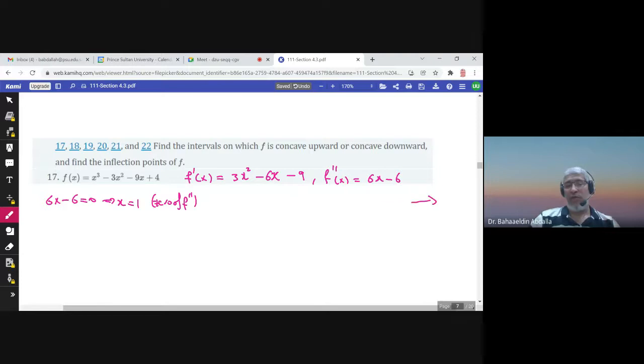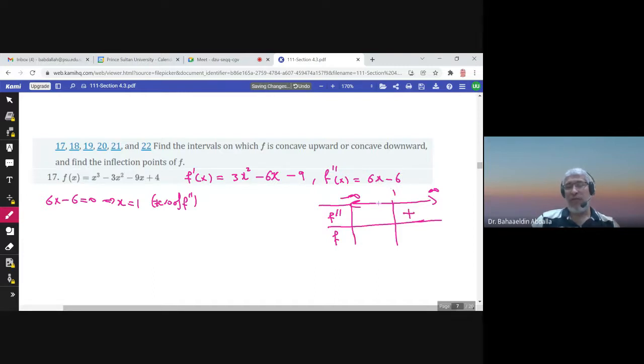So if you want to find the signs of f double prime, test the intervals from negative infinity to 1 and 1 to infinity. So this is f double prime and this is f. There is only one zero of f double prime. Now we need to know the signs of f double prime. So I want to check, take a number to the right of 1. Then f double prime would be positive 2.